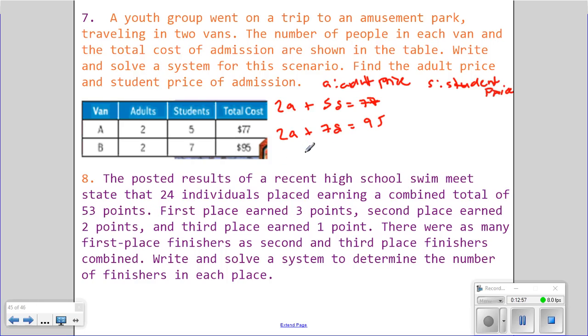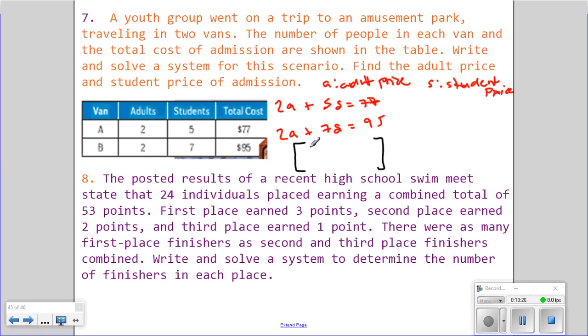But before we grab our calculator, let's set up our augmented matrix. Remember, the augmented matrix is all the numbers in your system and none of the variables. Make sure you put them in the same order as they appear in the equations, and your output should come out in the same order as well.